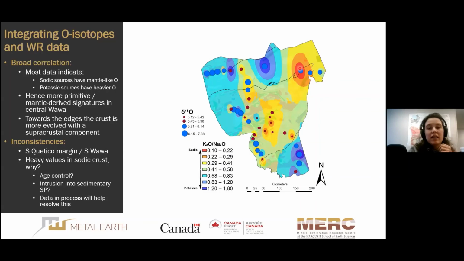And so then you might ask why. And there could be multiple reasons for it. It could be an age control, that some of these rocks are younger. It could also be an effect of the intrusions into sedimentary subprovinces. But hopefully with the data that is in process, we will have help to resolve this.